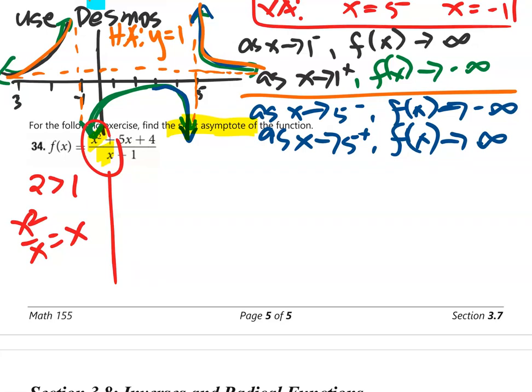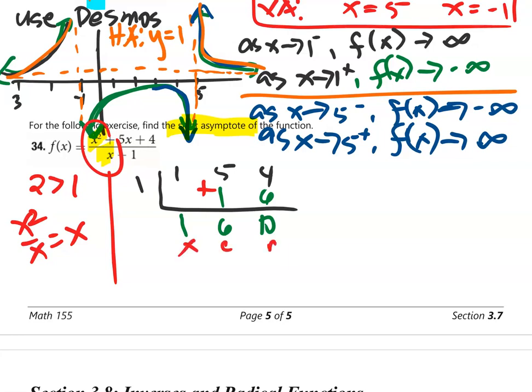Remember, we use synthetic division. We have to divide the numerator by the denominator. So x plus 1 gives -1, and then the coefficients 1, 5, and 4. Bring down 1, multiply, then add: 5 plus -1 is 4, 4 times -1 is -4, 4 plus -4 is 0. Remember, we do not use the remainder.